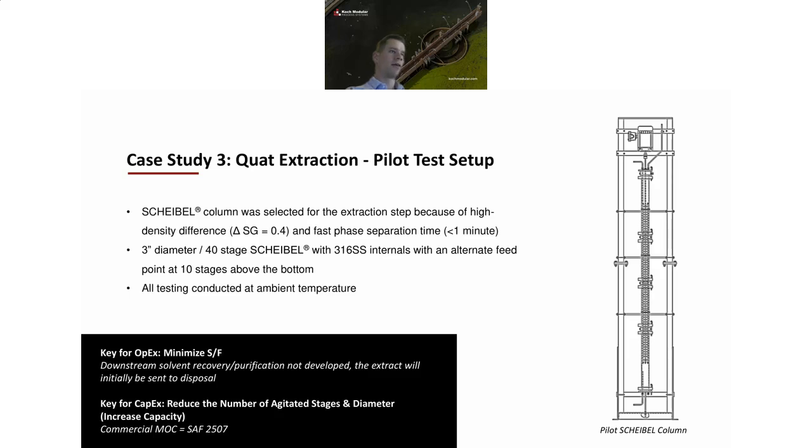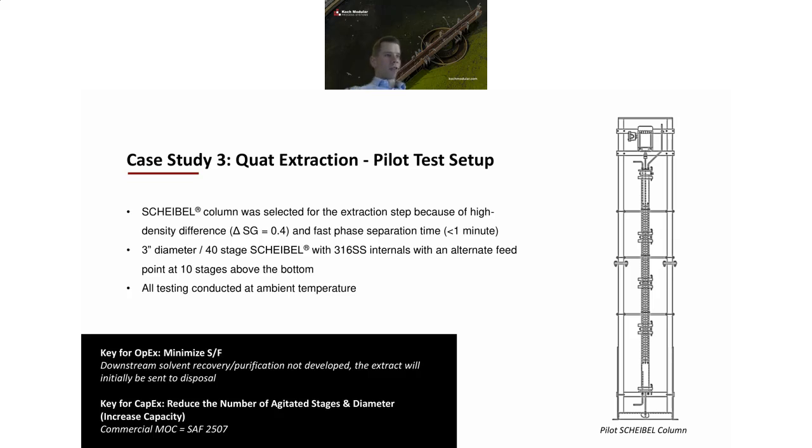And for the pilot tests for this process, a Scheibel column was used. There's a high density difference between the feed and solvent, a specific gravity difference of about 0.4. There was also a fast phase separation time when those equilibrium tests were run in the lab, less than a minute. So we knew the Scheibel column was going to be a good fit here.